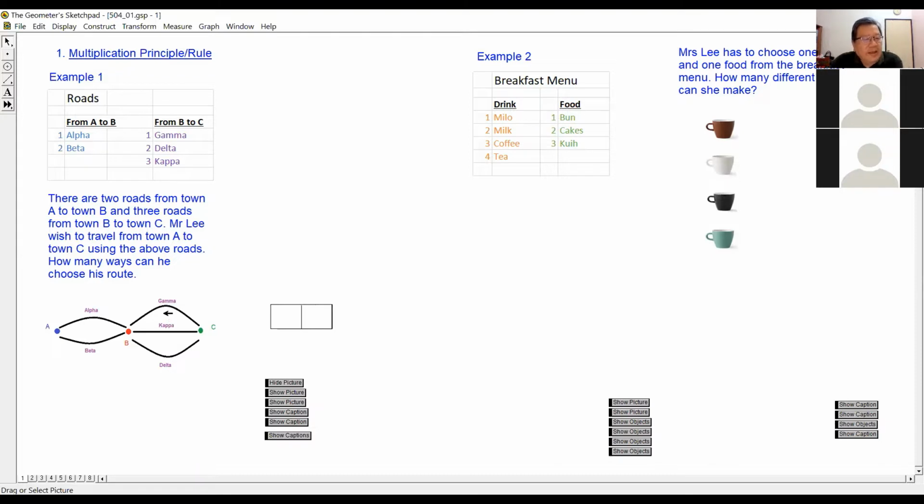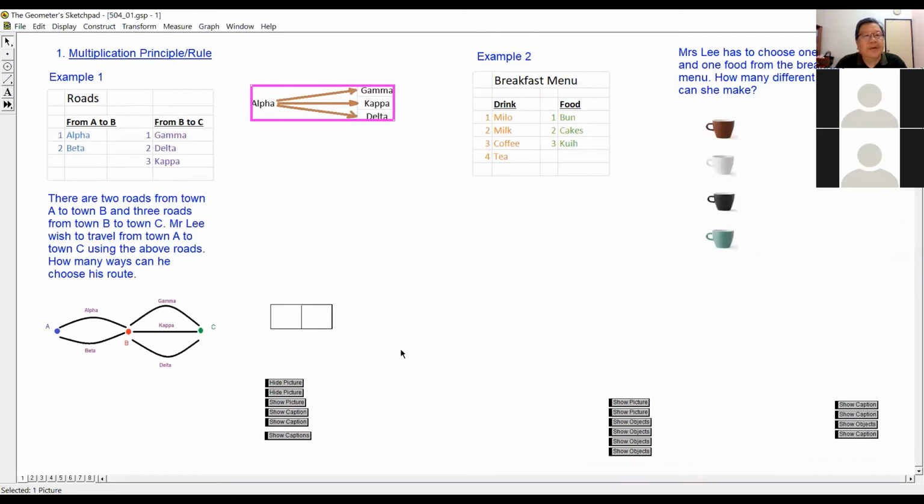Each line again will represent one road. I call them by names like gamma, kappa, and delta, so that you can see the difference. If you just say road, it can be road number one, road number two, you don't know which road, right? So this is the picture that we have.